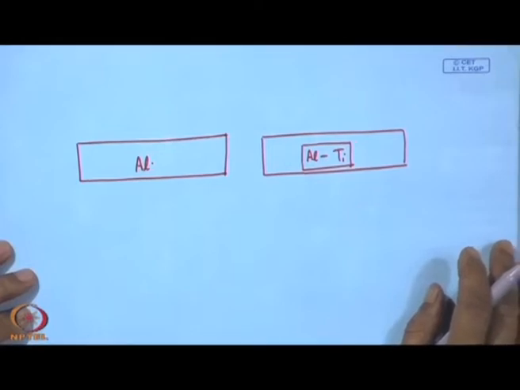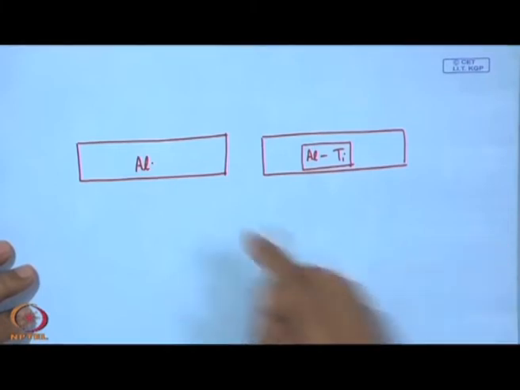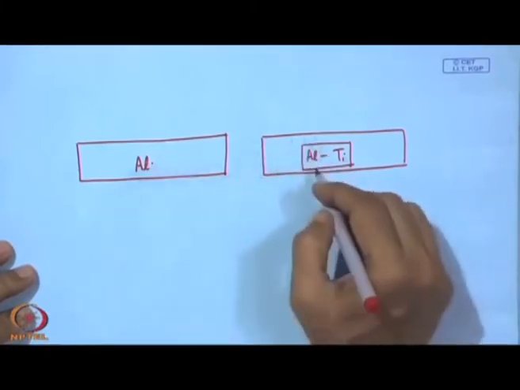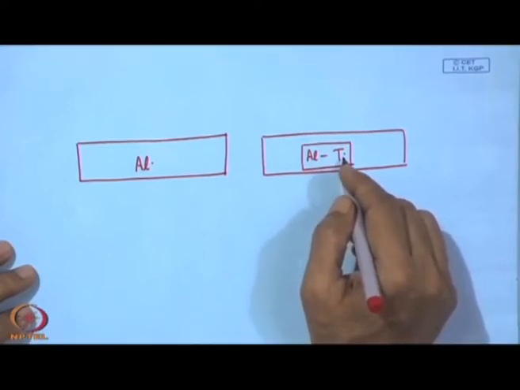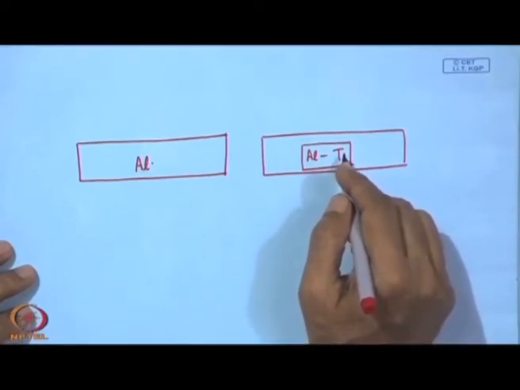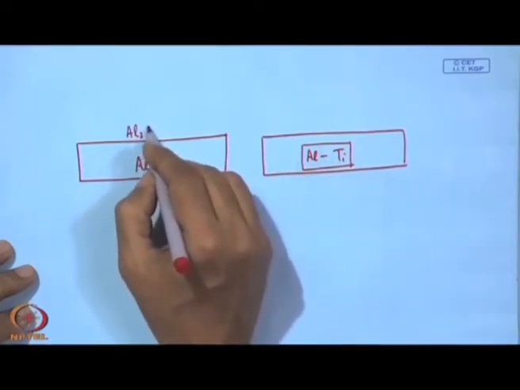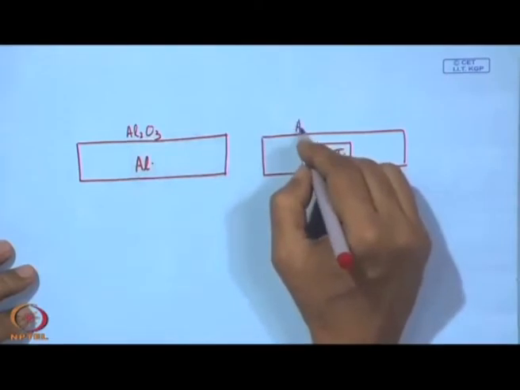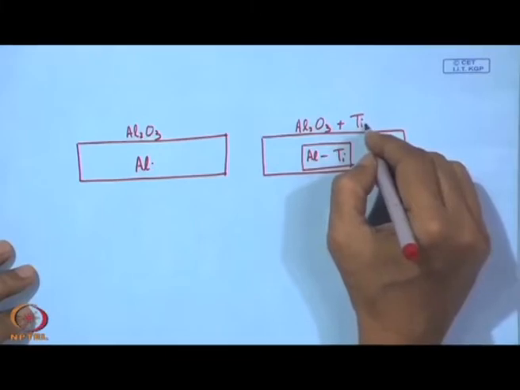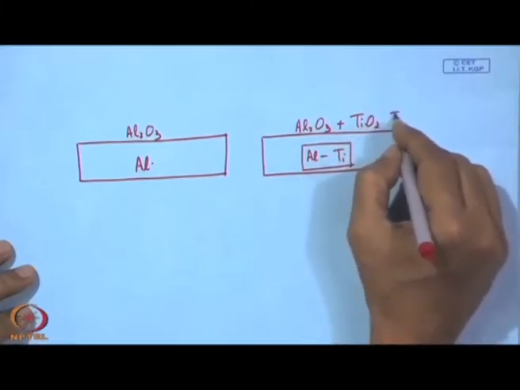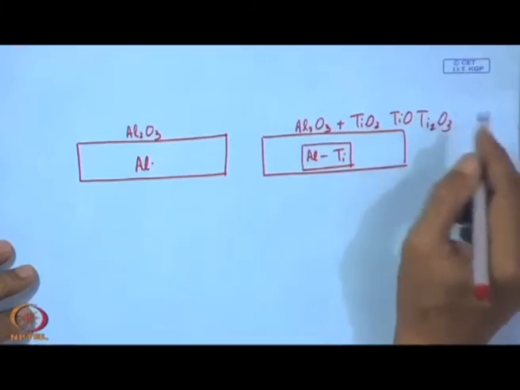One should take notice that oxygen can readily oxidize aluminum, and both aluminum and titanium will be oxidized. As a consequence, we can expect formation of Al2O3 and some oxide of titanium, it can be TiO2, TiO or even Ti2O3.